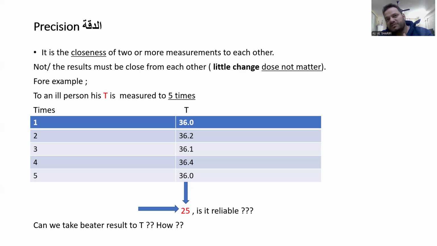Normally 70 per minute, maybe less for an athlete, more if he has some health problem or psychological problem, but it will be close to this number, 70.